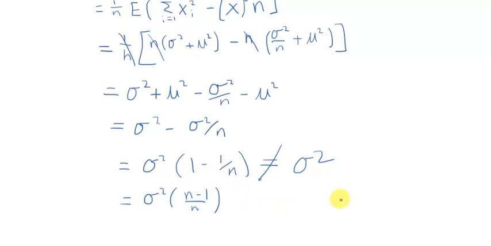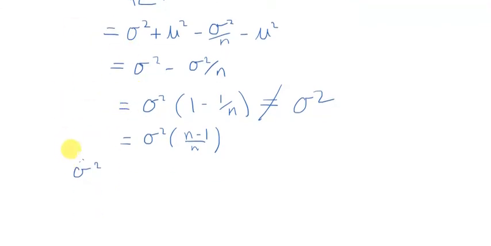This is why we use the estimator 1 over n minus 1, sum i equals 1 to n of xi minus x bar squared, as our unbiased estimator.